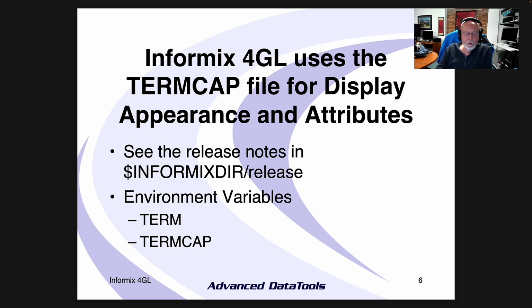One is called TERM, which identifies the type of terminal you're running, and the second is TERMCAP, which identifies the TermCap file that contains the instructions on what to display when you say red, or when you say draw a line. 4GL just says draw a line or draw a window with a line around it, and it then has to go to the TermCap file to figure out how to do that.